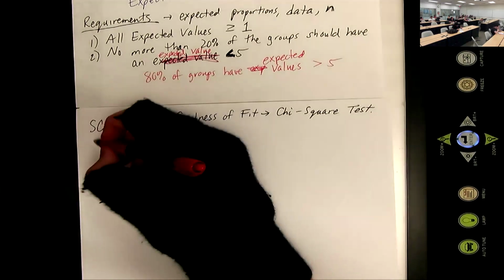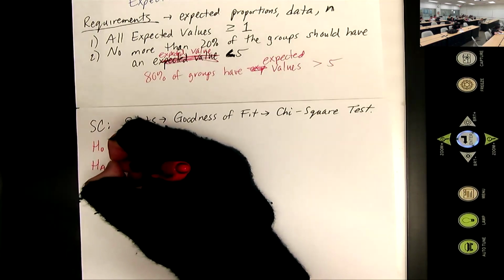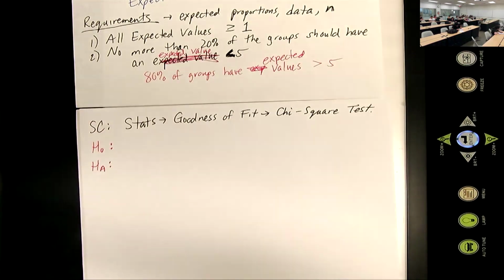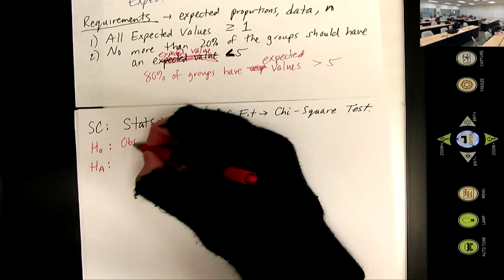And you care about H naught and HA, these are important. H naught and HA start diverging from the ones we've been doing. H naught here is observed values match expected values.